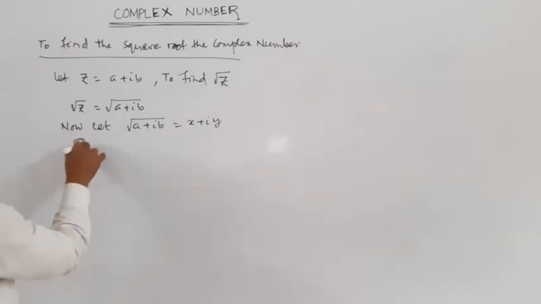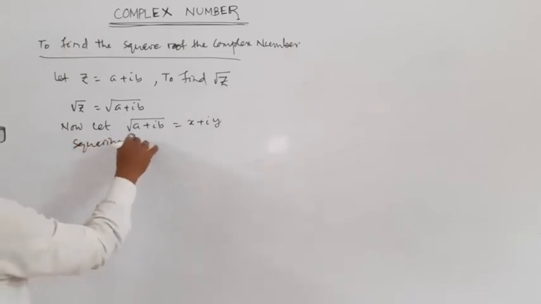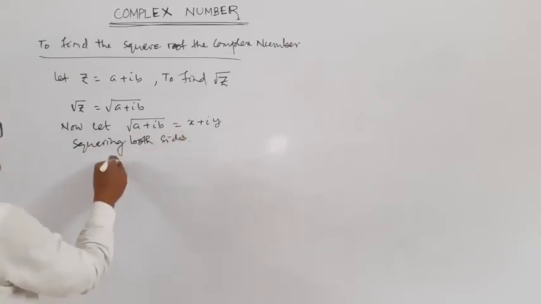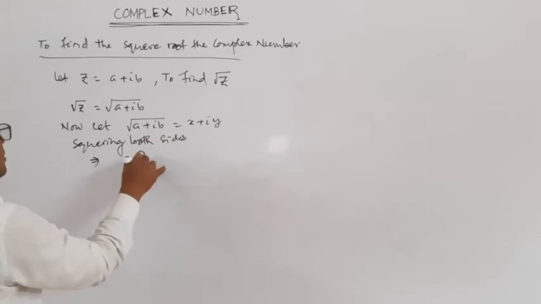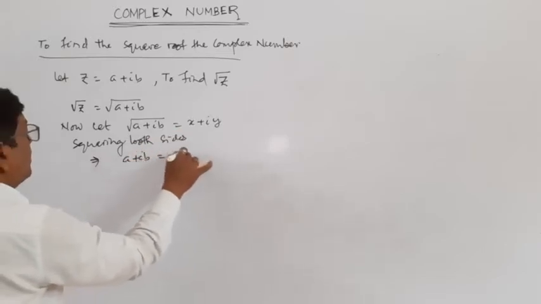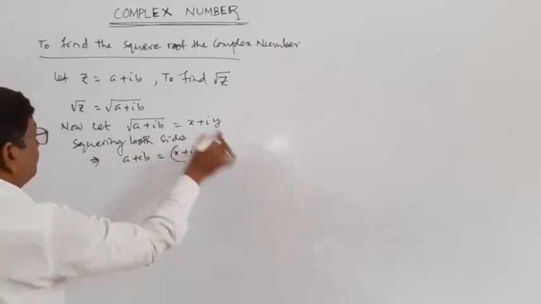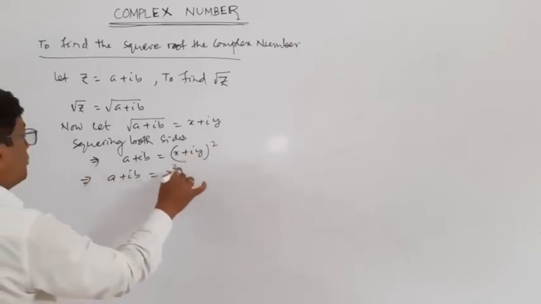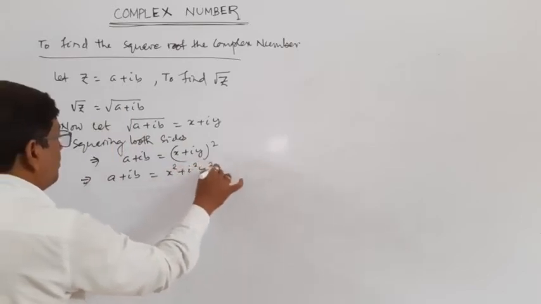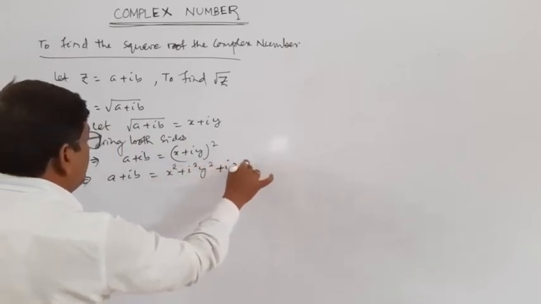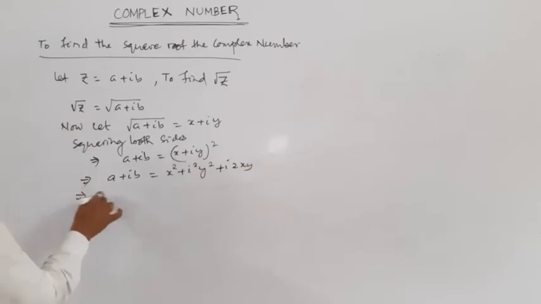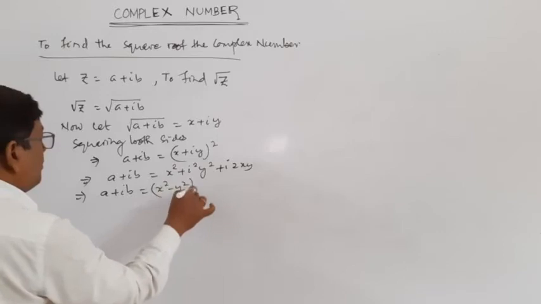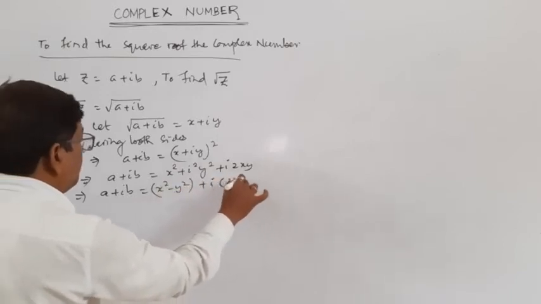Squaring both sides, a + ib is equal to (x + iy) whole square. So a + ib is equal to x² + i²y² + i·2xy. That implies a + ib is equal to x² − y² + i·2xy.